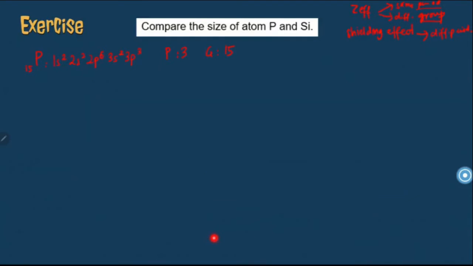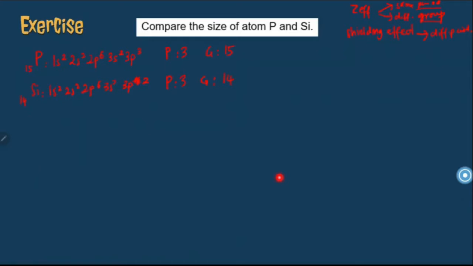Okay, so for silicon, 14 electrons: 1s2, 2s2, 2p6, 3s2, 3p2. So period is 3, group 14.